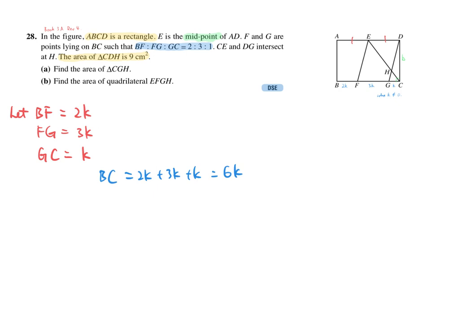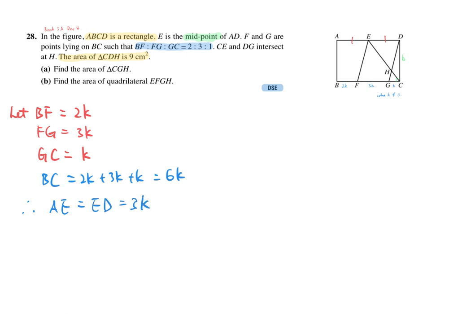And because this is a rectangle, we can say that AE and ED are the same, so they will each be 3K. This is because this is a rectangle.